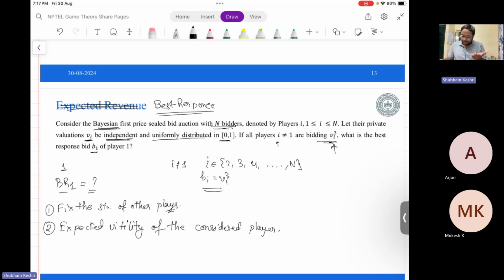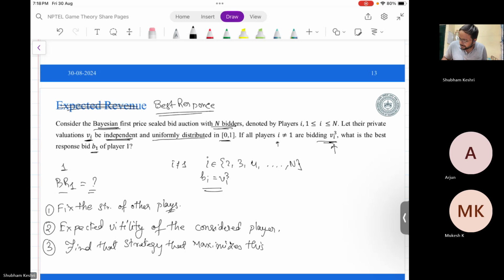So this is how we calculate best response. Third, maximize. Find that strategy that maximizes this utility. These are the steps of obtaining best response. Is this clear?